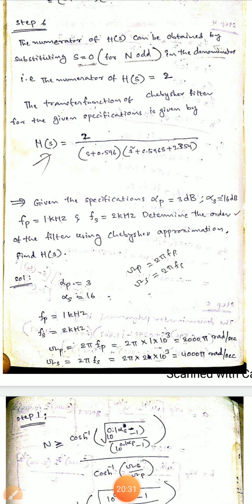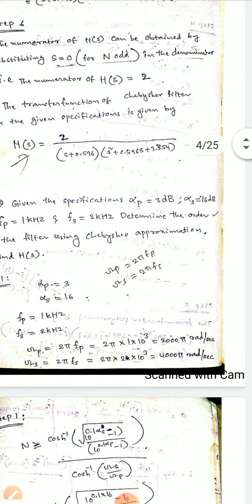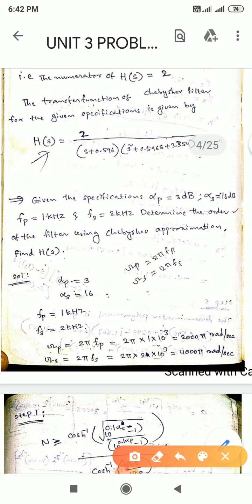Okay, next problem. Given the specifications: alpha p is equal to 3 decibels, alpha s is equal to 16 decibels, fp is equal to 1 kilohertz and fs is equal to 2 kilohertz of the filter.